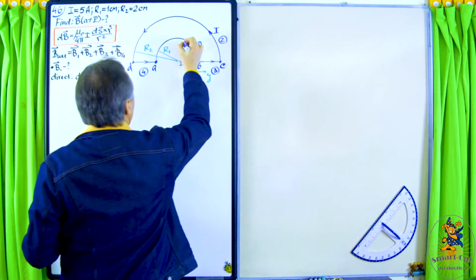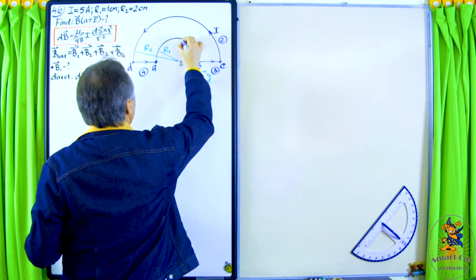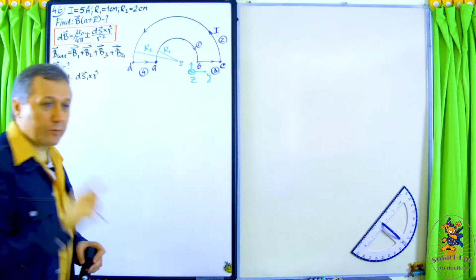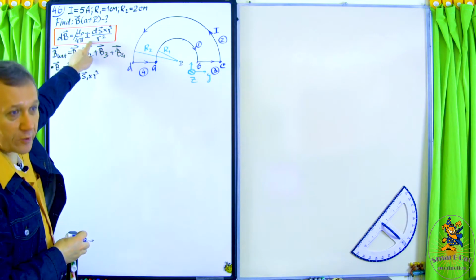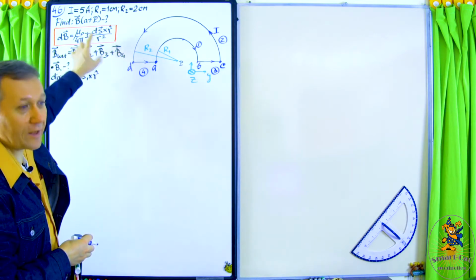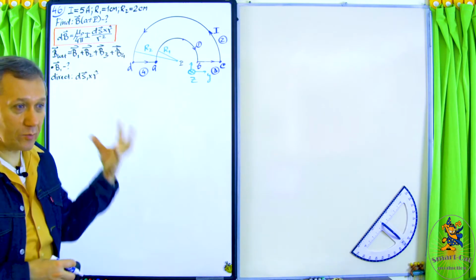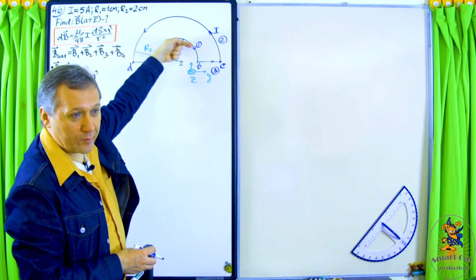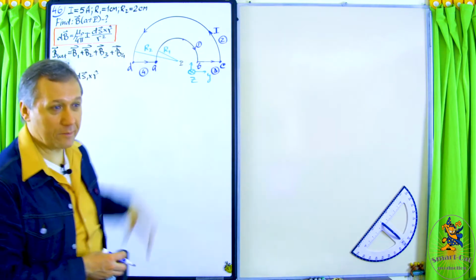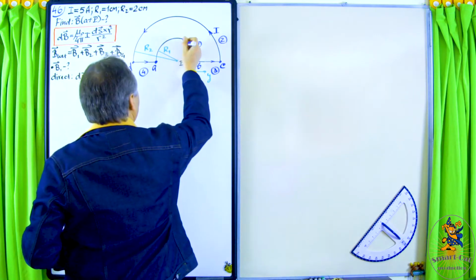Let me take this point, and you remember the direction of ds is determined by the direction of the current. It's an infinitesimally small section, so it will be tangential, pointing that way, because of the direction of the current. So this will be my ds.